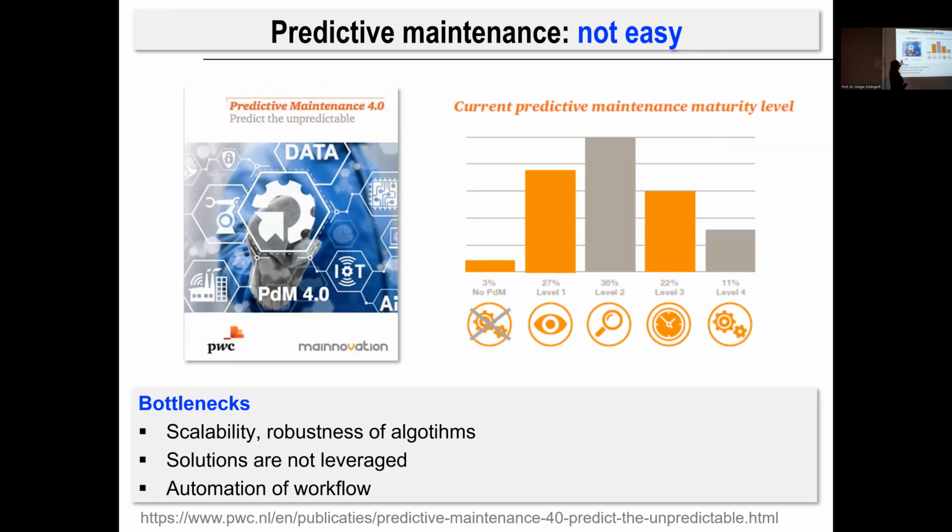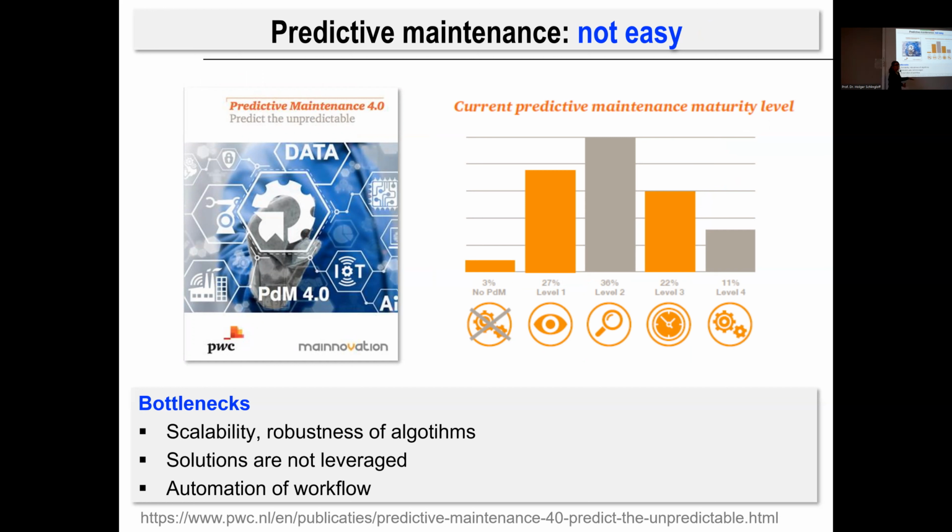However, there's another report by PricewaterhouseCoopers that says, okay, all those benefits can be realized, but it's not easy. There are a few bottlenecks, especially on the scalability, robustness, and accuracy of the prognostic algorithms.